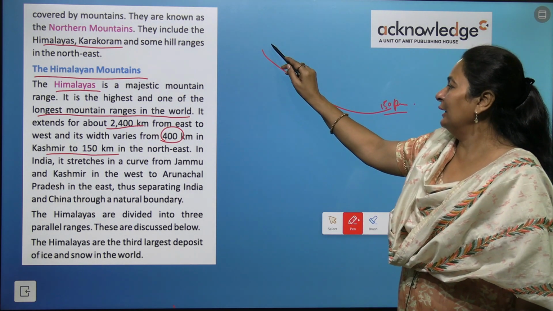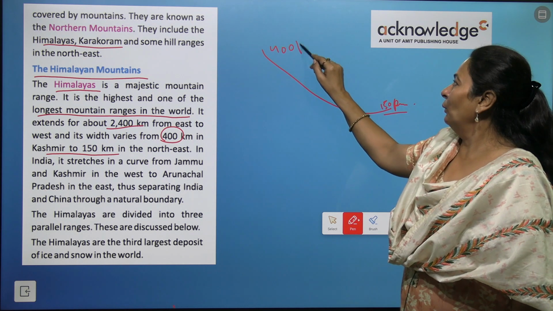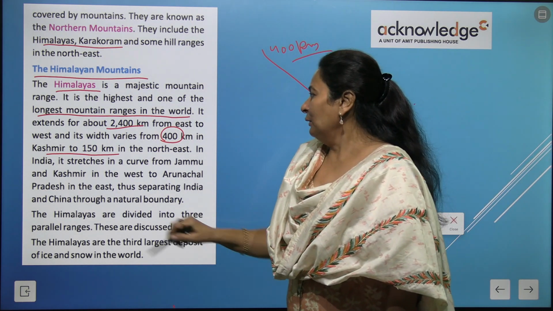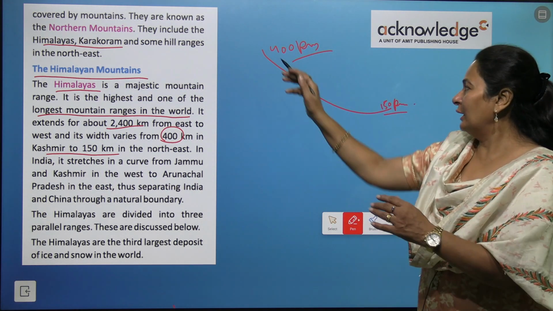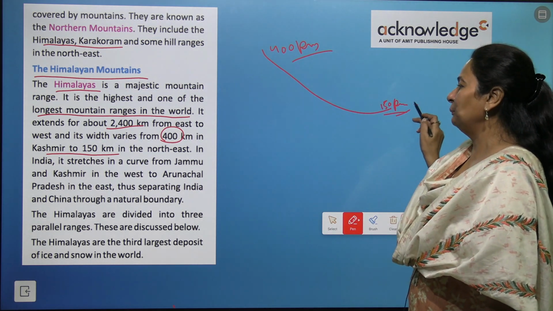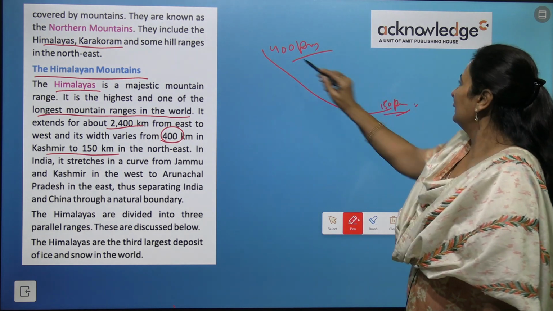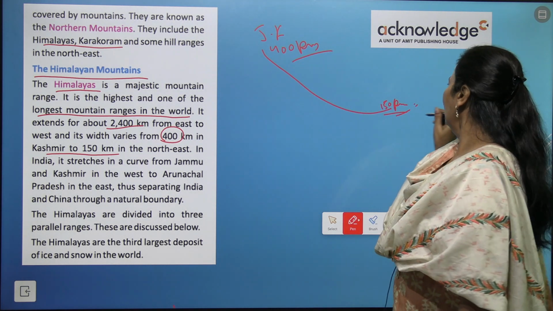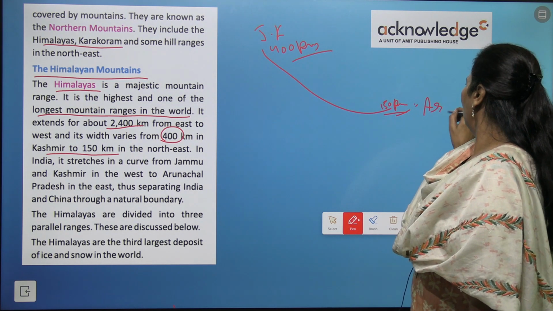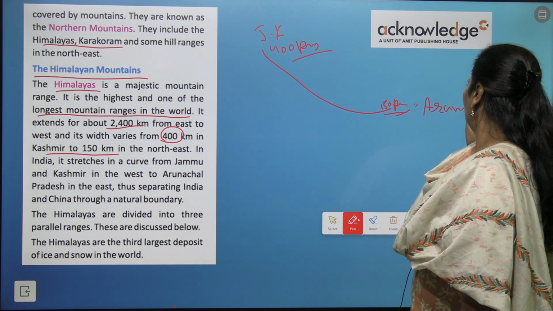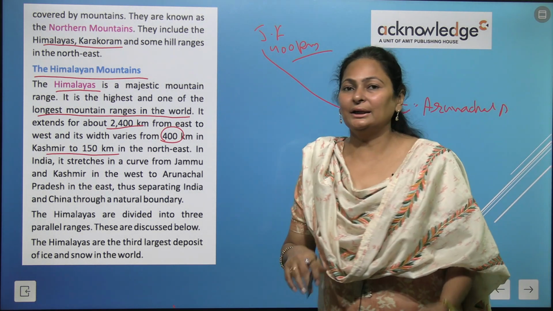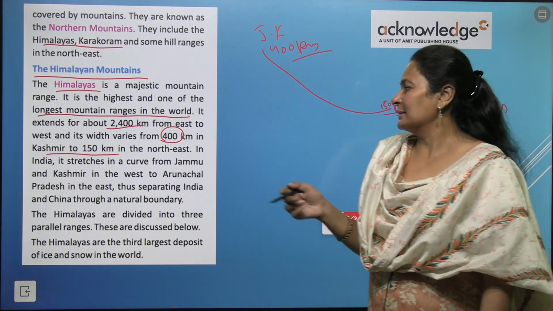So this area is wider, right? It stretches in a curve from Jammu Kashmir, where it starts from J&K, right? And the last point is Arunachal Pradesh in the east.